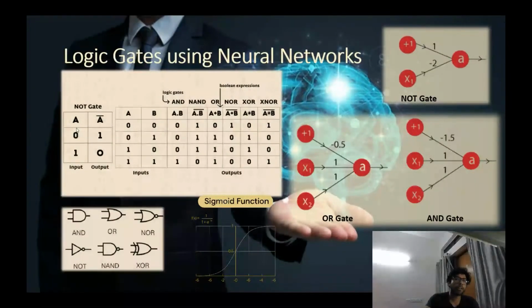So one way to think about logic gates is as some kind of machine. Let's say this AND gate is a machine. You give A and B into this machine, and according to the values of A and B, it will output A dot B. For example, if A is 0 and B is 1, the output is 0. If A is 1 and B is 1, it outputs 1, and so on.